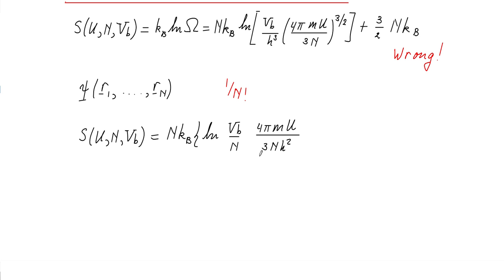So you see that this factor of 1 over n factorial gives me here an extra n. This term here needs to be raised to the power 3 over 2. And then we have a term not 3/2 times nkb, but nkb times 5/2, also arising from this 1 over n factorial.